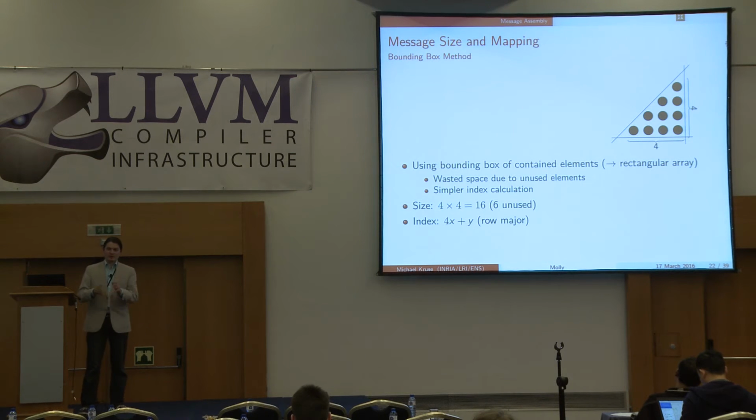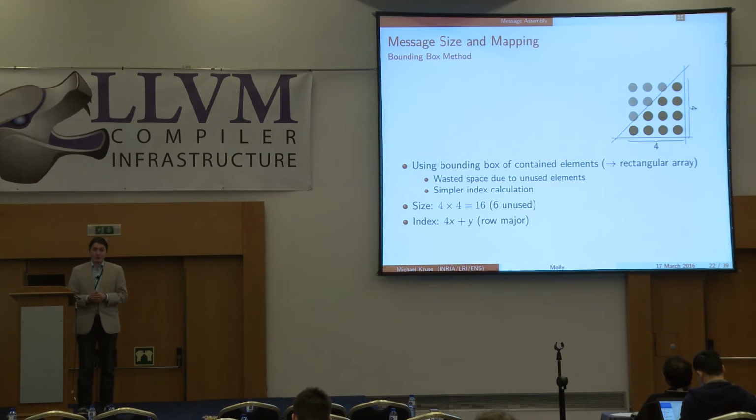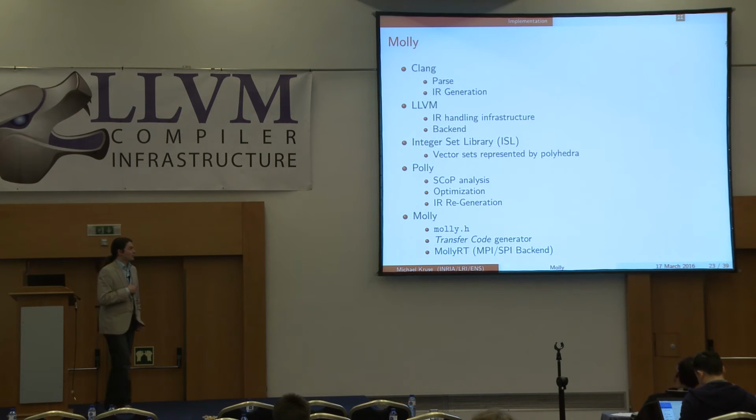For square buffers, I just take the square bounding box, which, if the buffer itself is not a square, would waste some data in the actual message. But for all my problems, this was perfectly fine, and I could get around the more complicated evaluation expressions. So now to the actual implementation.